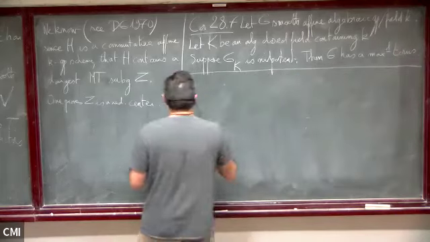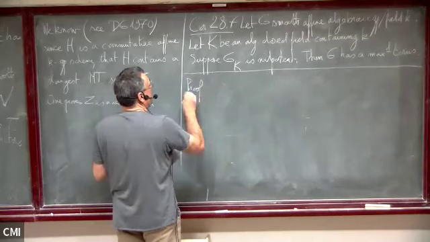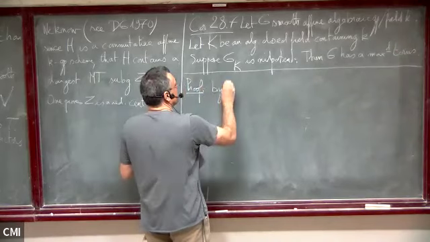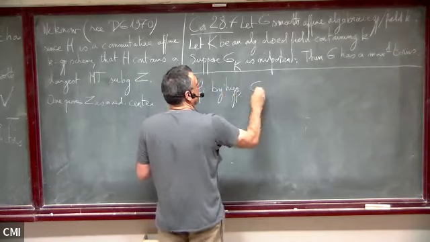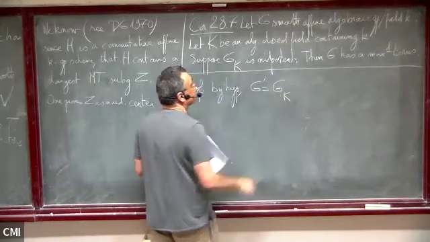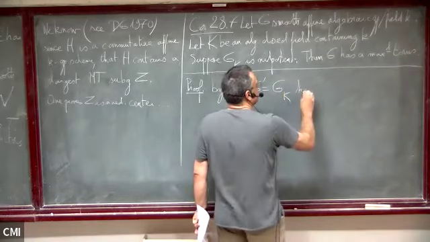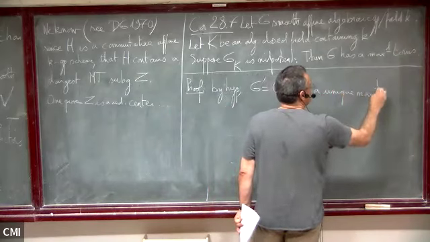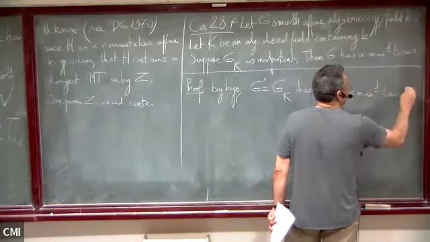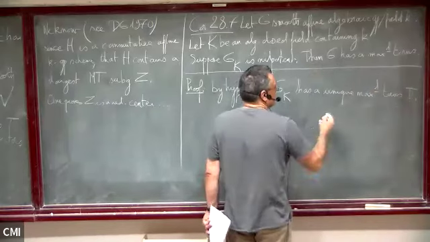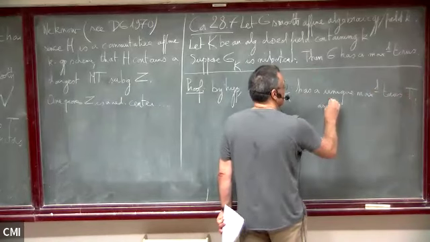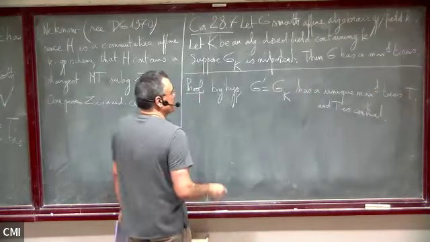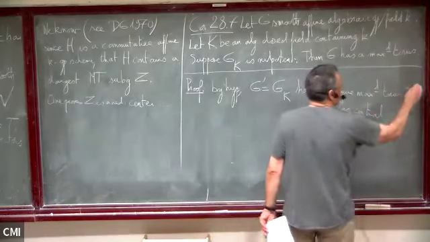The proof is easy. By hypothesis, the group G prime equals G_K, which is nilpotent, has a unique maximal torus T, and T is central. Let's call it T prime.